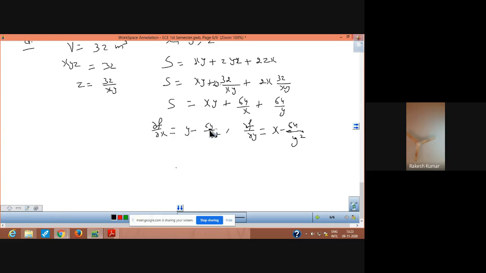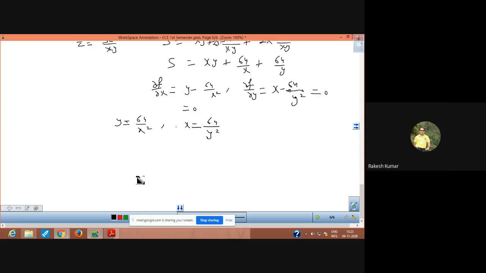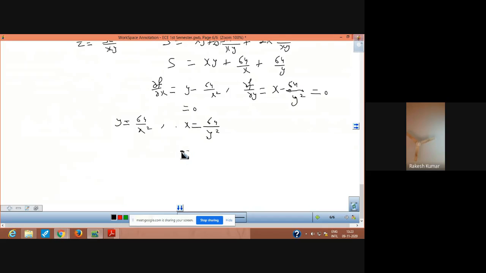For stationary points, we need to put the derivatives equal to 0. And when you put a derivative equal to 0, you will get y equal to 64 over x square. This value of y can be substituted in this, and you will get x minus 64 over 64 square into x raised to power 4.